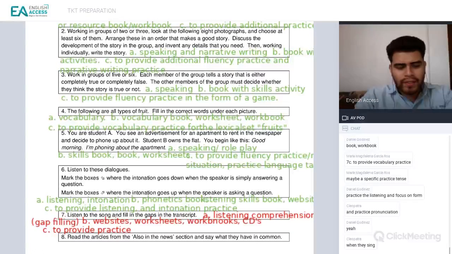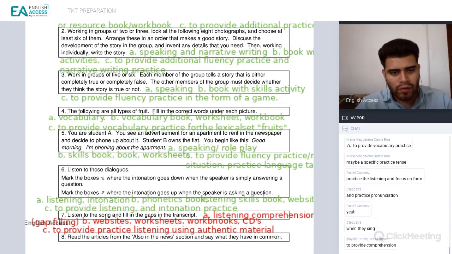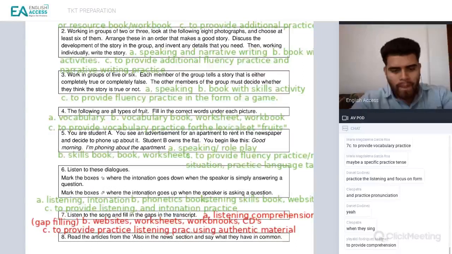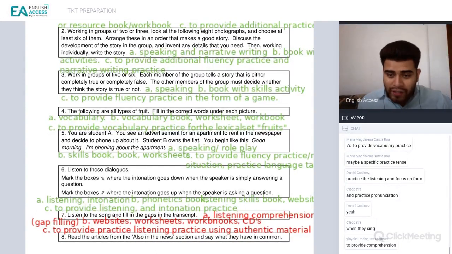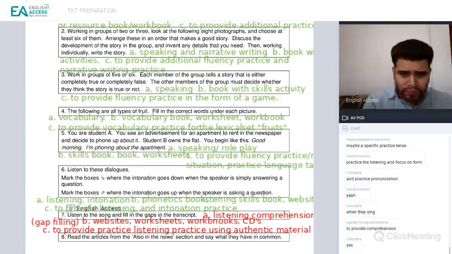Now, in my book, it says this: to practice listening using authentic material. Provide listening practice using authentic material. To provide comprehension. Okay, yes, a listening comprehension, right? When they sing. Okay, you're talking about another skill.